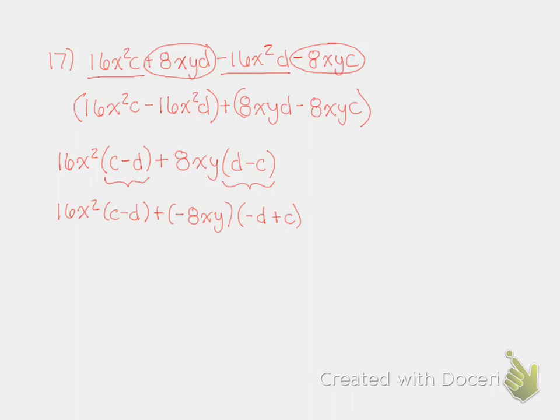So I'm actually going to switch these around to where I have c minus d. And hey, look, that is exactly the same. Okay, so your factored form is c minus d times 16x squared minus 8xy.